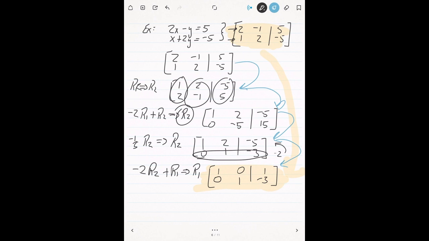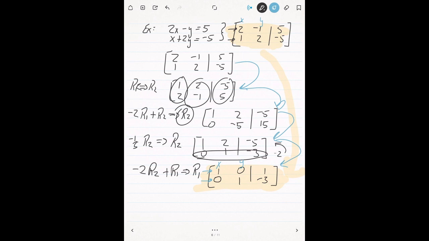When we end with this final matrix, it's also going to be in standard form. Remember that the first column represented the x's and the second column represented the y's. This column right here represents the x's and this column represents the y's. This row was equation 1 and this row was equation 2. Why don't we go and rewrite the equations?